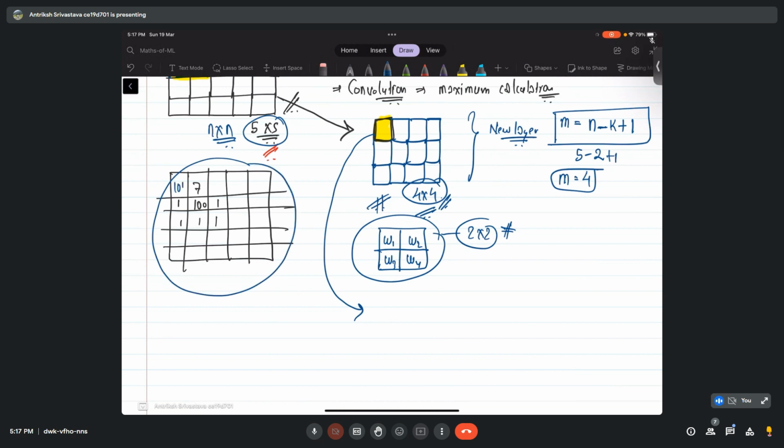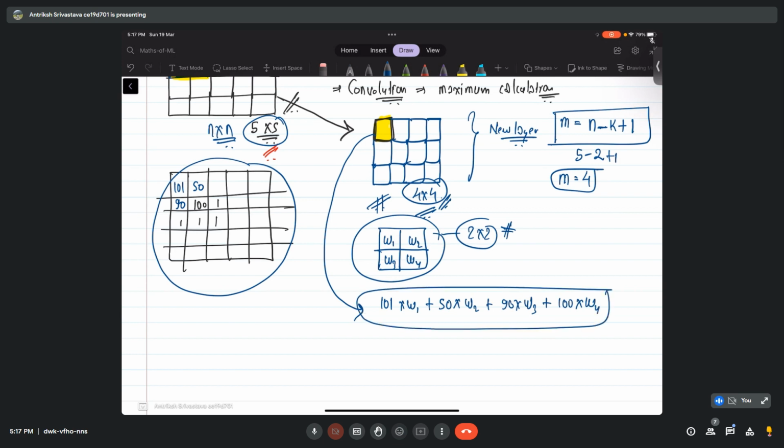Let's say this was 101, this was 50, and this was 90. So this value will be 101 into W1 plus 50 into W2 plus 90 into W3 plus 100 into W4. So some kind of weighted average of the original 4 pixels with your filter will be assigned to the new layer. I hope this is clear, that this is how convolution works.